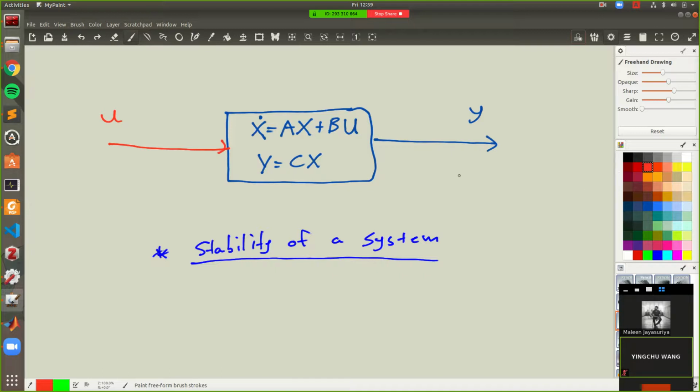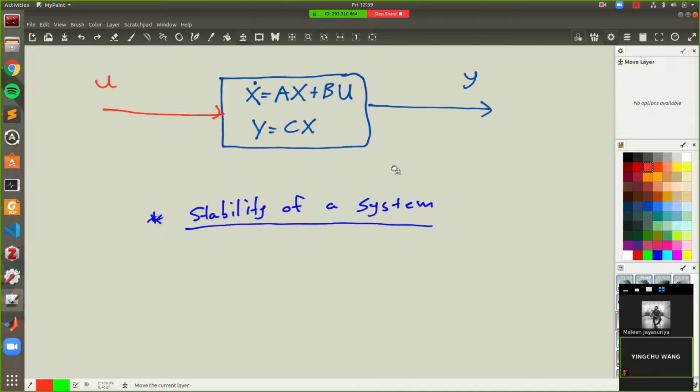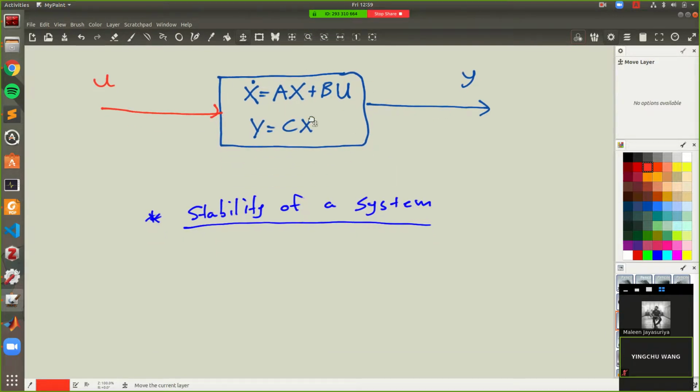When you have a system in the state space model like this, can one of you tell me which matrix will determine the stability of the system? Any ideas?